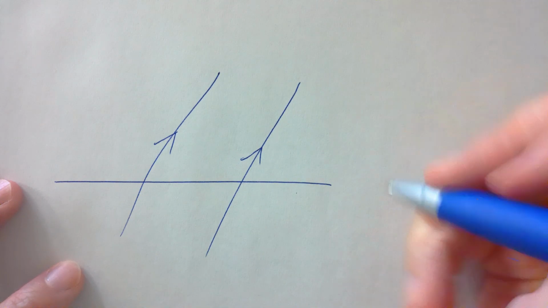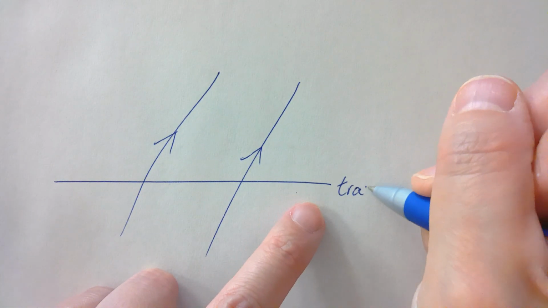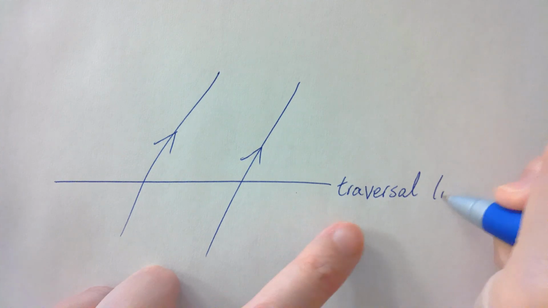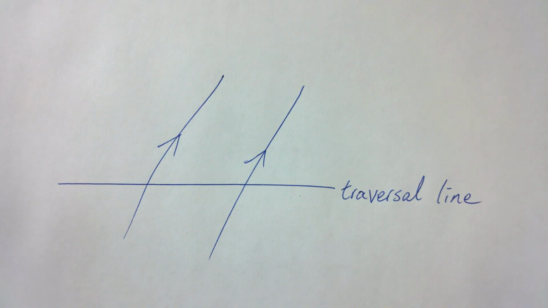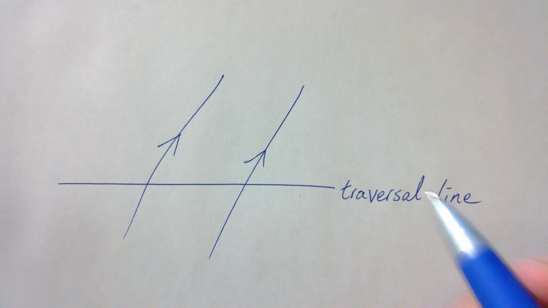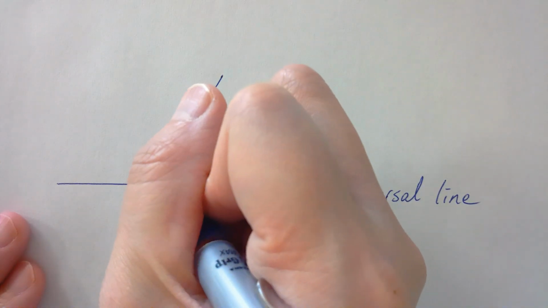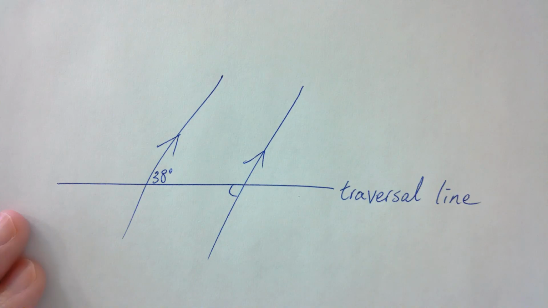By the way, this line is called the transversal line. You don't need to know the name of this. It's just a line that cuts through two lines. I don't want you to be scared with this word. If this is 38, what is this? 38.